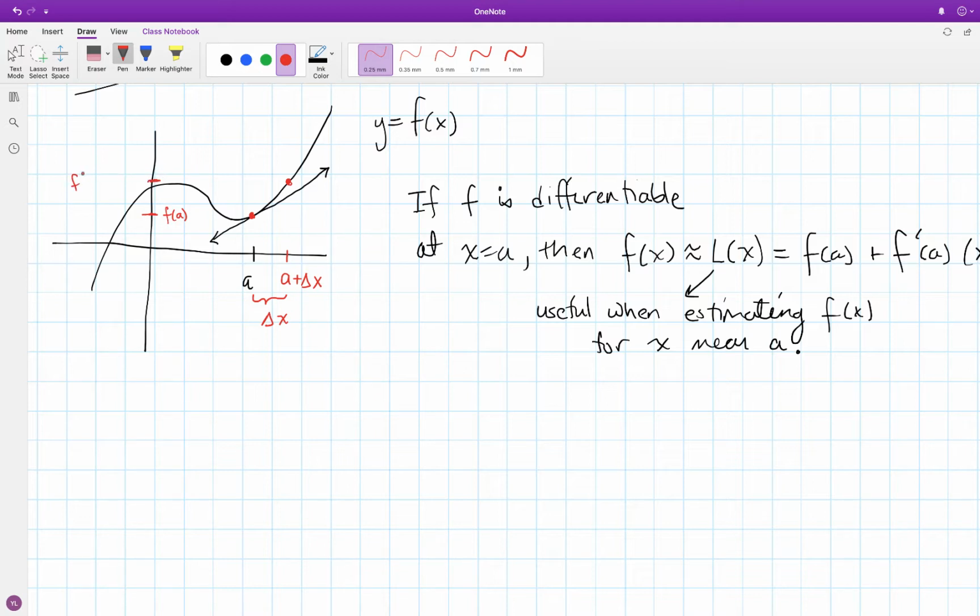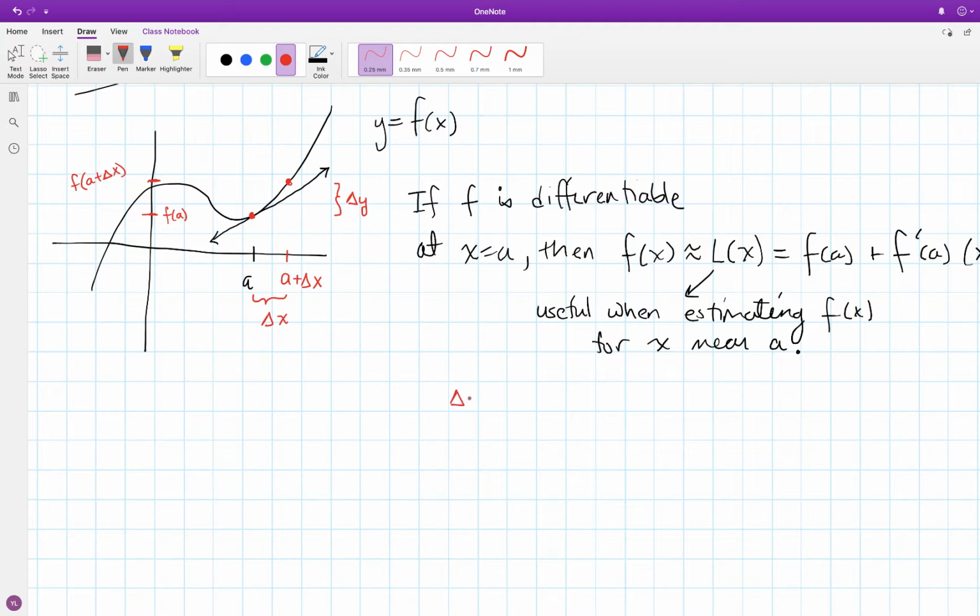So in other words, what is f of a plus delta x? What is this distance here? If this changed by delta x, how much did this change? So that distance, that amount of change felt by the dependent variable resulting from a change in the independent variable is denoted delta y. So any delta x is going to result in a delta y.